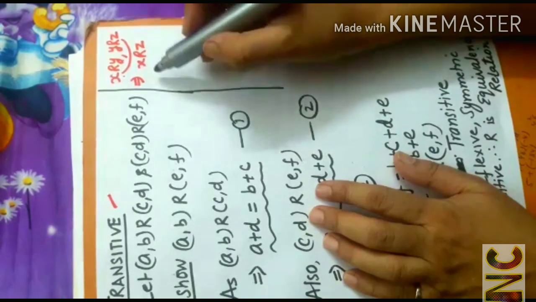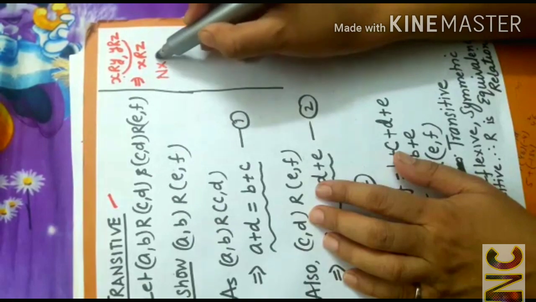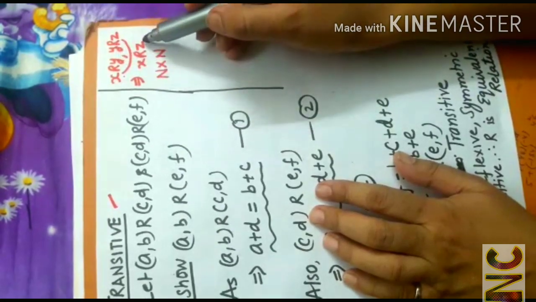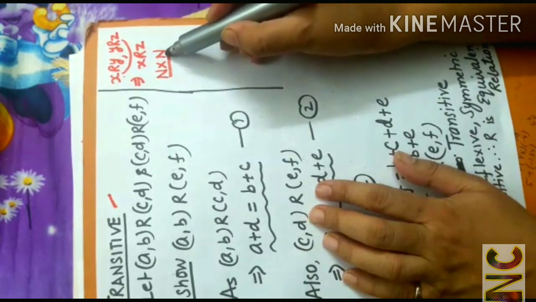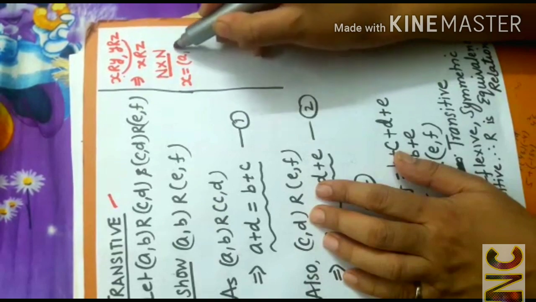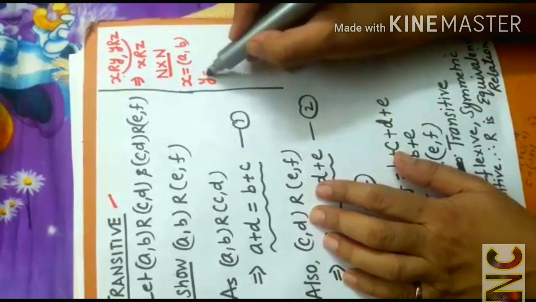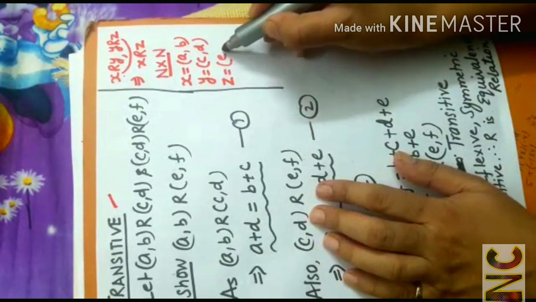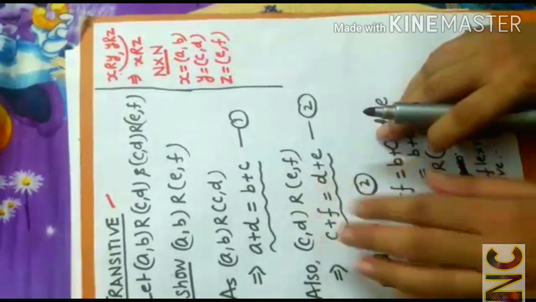In this case, that set is N cross N. So I take my x as (a, b), y as (c, d) and z as (e, f).